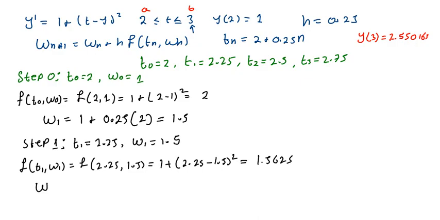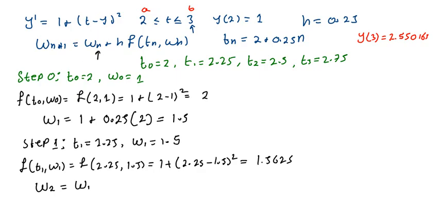Then you go ahead and find your w2. Why is it w2? It's simply because for step 1, n is equal to 1. So when you plug in a 1 here, 1 plus 1, that would be a 2. So that is w sub 2, or w2, and that would be equal to w1. Why w1? Because we know from the equation that our n is equal to 1.